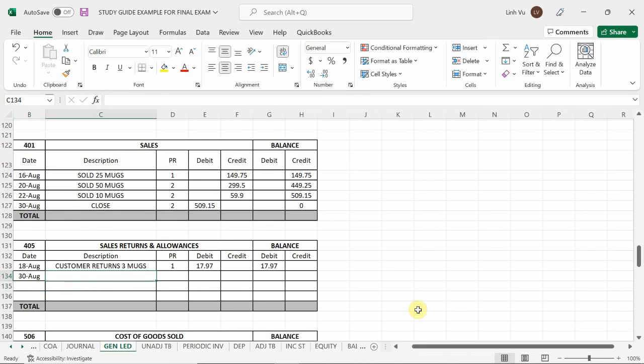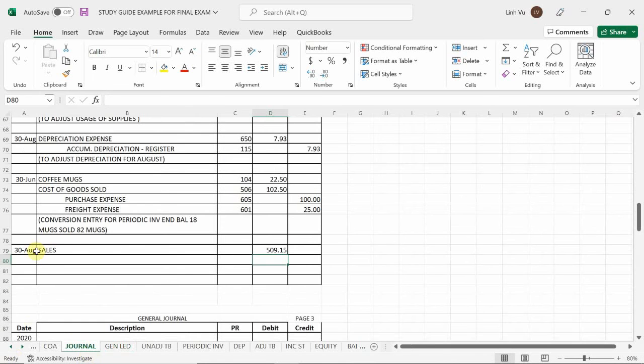We're going to close your sales returns and allowances for how much? $17.97. So that should give you your account balance of 0. So in your journal, you're going to credit this account.